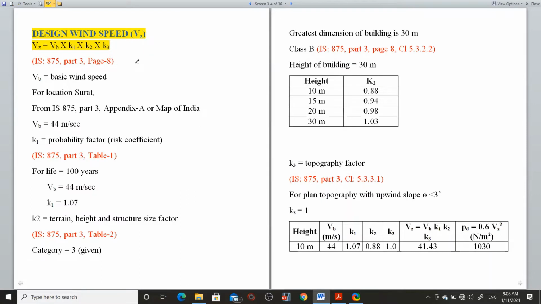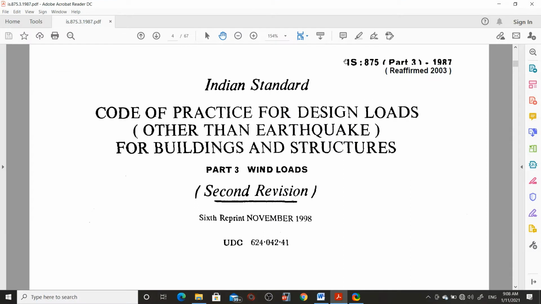Okay, so in this example we are going to find out design wind speed, meaning the acting wind pressure on the building. To calculate this type of load, we will use one IS code. This IS code is 875 part 3. Here, IS 875 part 3. Right? So let's check this IS code.